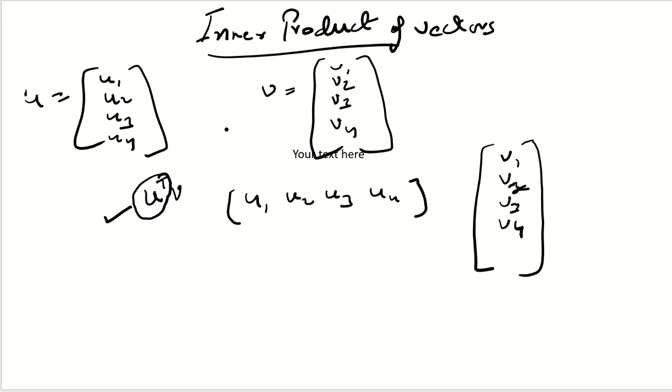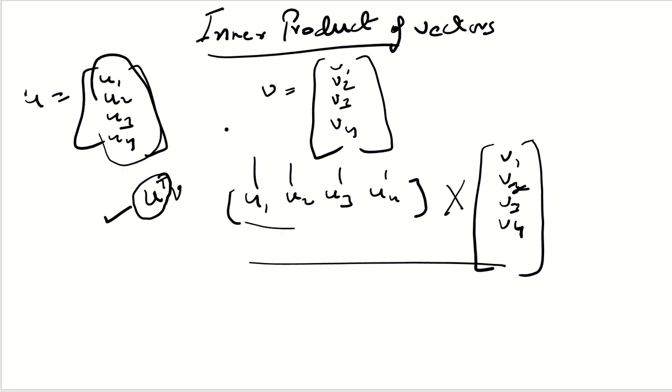So now we have to find the multiplication of these two. As I said, the different rows will become different columns, and of course if there's only one column, it will become the row when we transpose it.